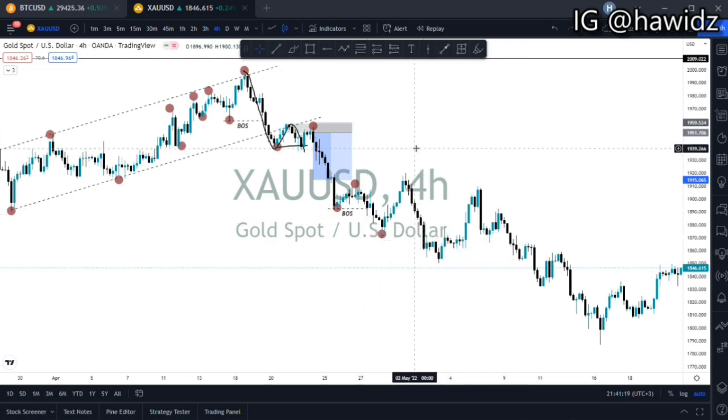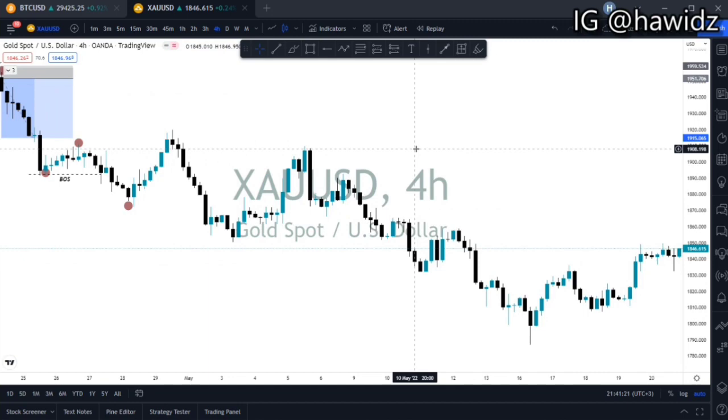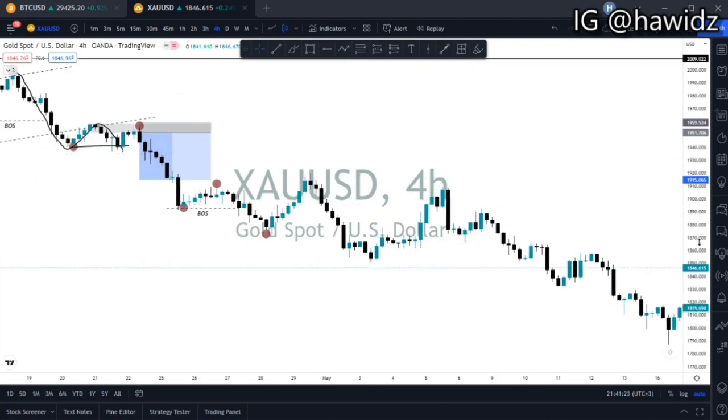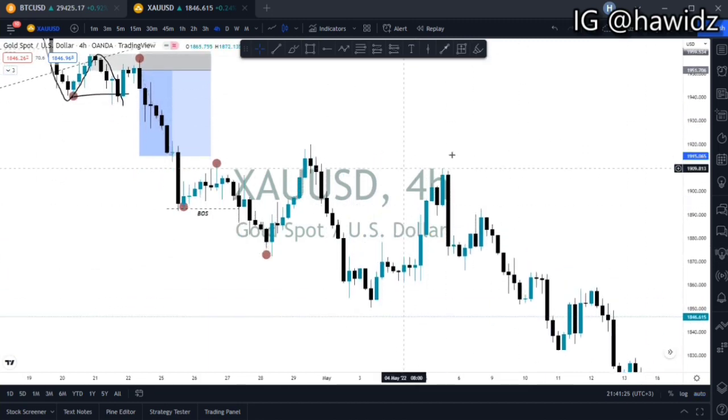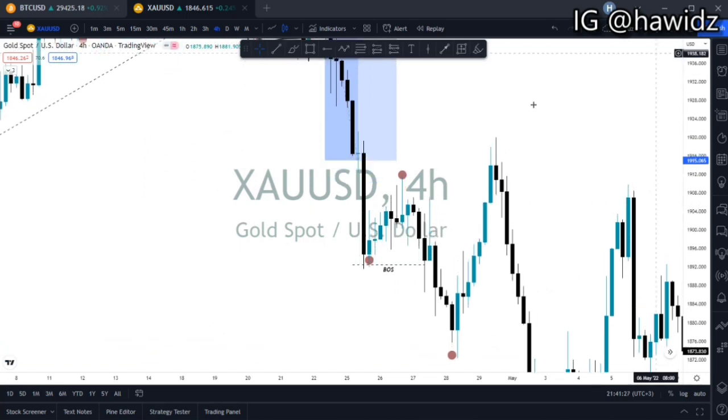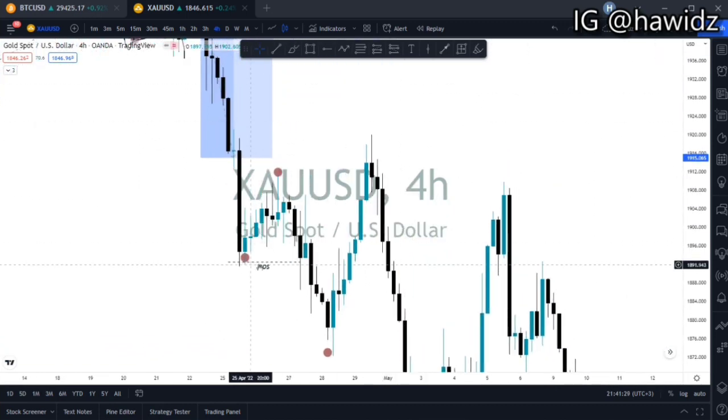So we have that breaker structure, and let's zoom in, probably make this wide a little bit. Yeah, boom. So right there, we have broken the structural low here, and we're wondering where our opportunities will be for us to catch this bearish move.